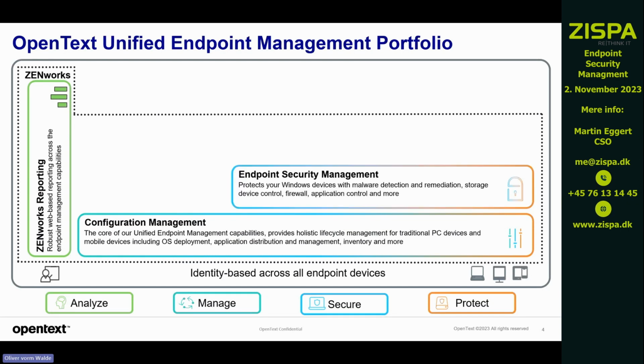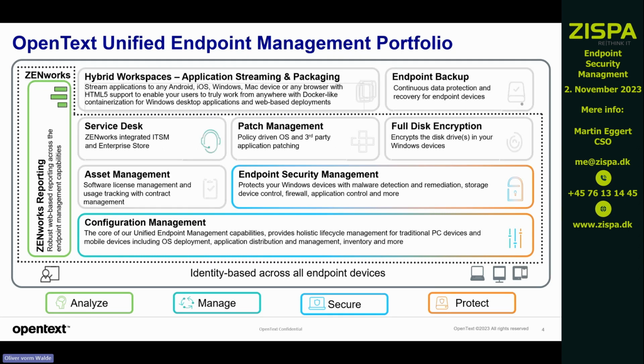Part of the Open Workgroup suite, and of the full suite which does not include the streaming part of hybrid workspaces, is endpoint security. So if you have the ZENworks suite or the Open Workgroup suite, you can always use endpoint security.